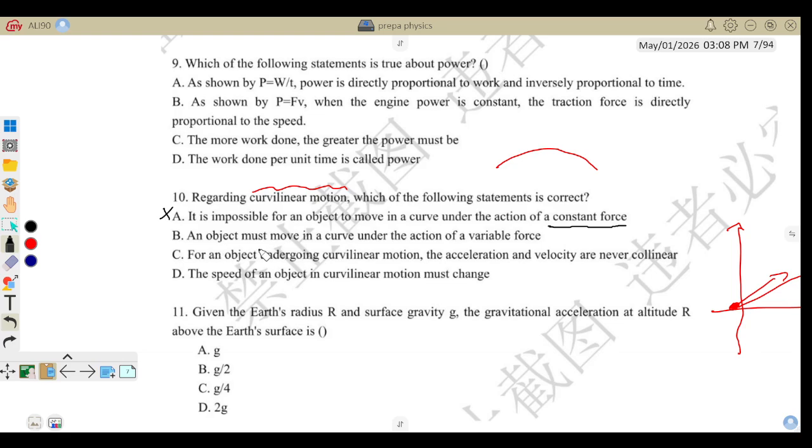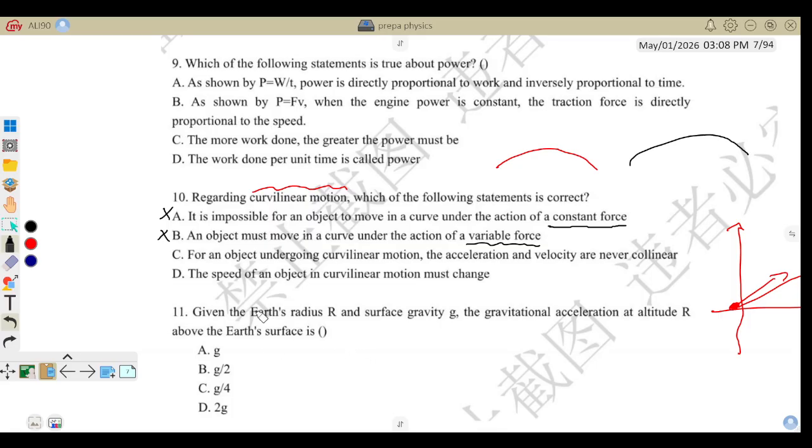An object could move in a curve under the action of a variable force, as it can make a curvilinear motion under a constant force. So a variable force is not a requirement to form a curvilinear motion. So B is not a good one as well.